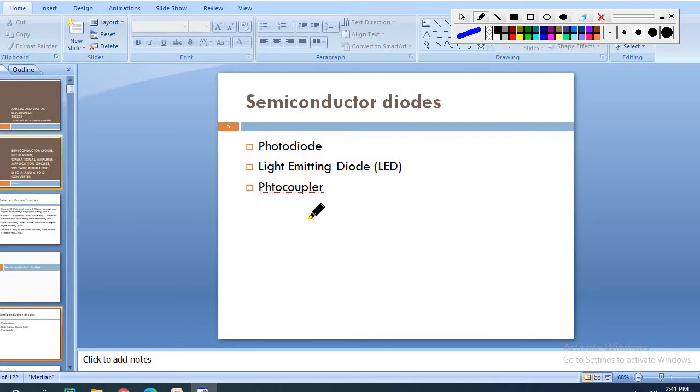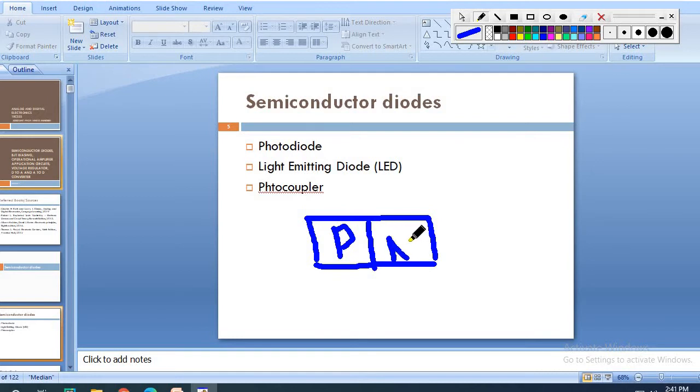In a diode, there are 2 regions available, like this. This is our PN junction diode. This is P, and this is N. I have to apply some voltage over here.